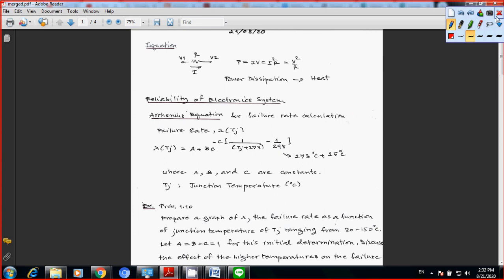According to this equation, you can see that the failure rate equals A plus B exponential of negative C multiplied by (1 over Tj plus 273, minus 1 over 298).